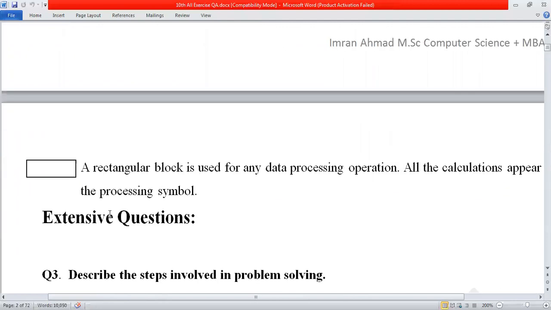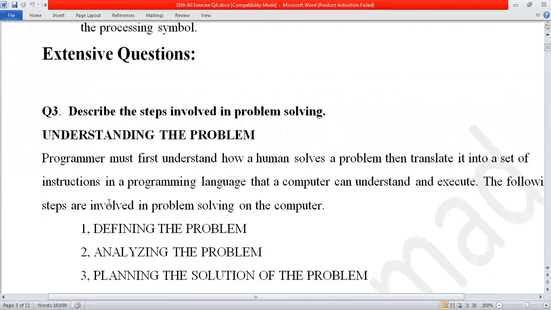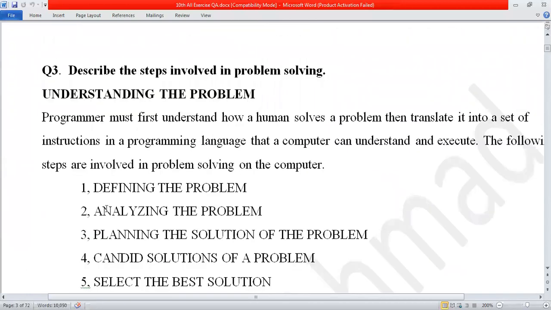Today we will discuss the extensive or long questions. The first long question is: describe the steps involved in problem solving. It means that whenever you are making a computer program, what steps are needed?